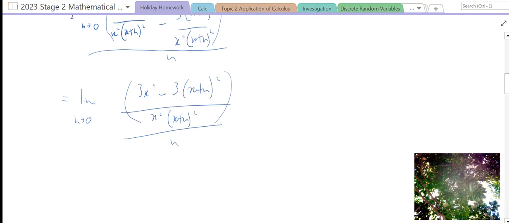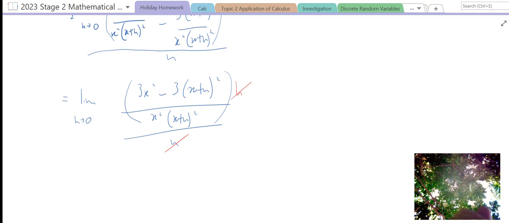I eventually want to look at factorizing out an h. There's a couple of options to go for here, but generally I want to leave this denominator alone and I want to expand and simplify out the top. My goal is to get some sort of h hanging on its own up here, which I can then cancel like that.